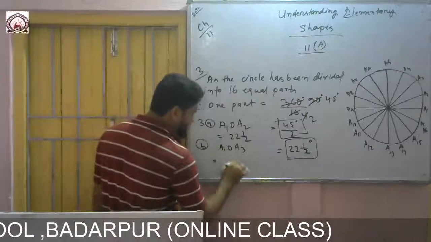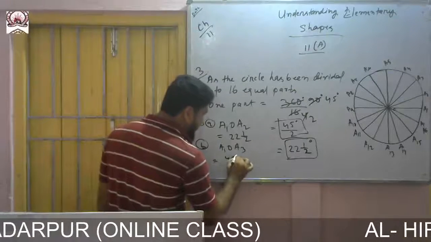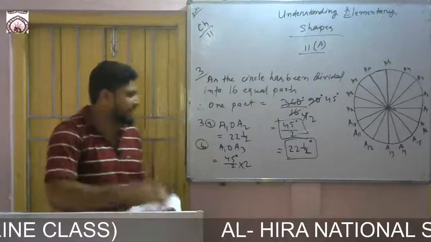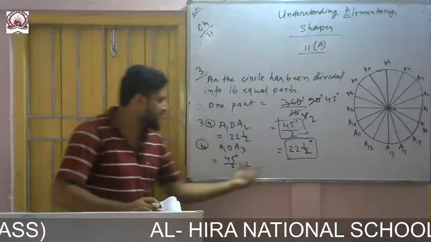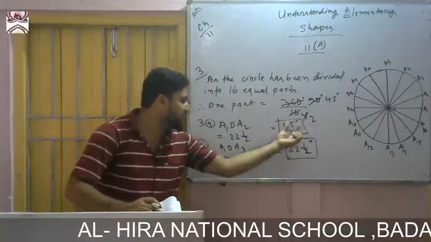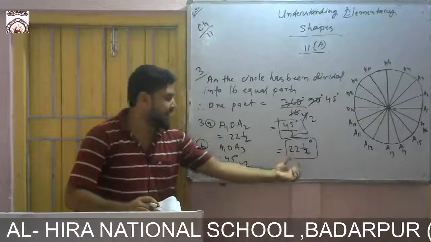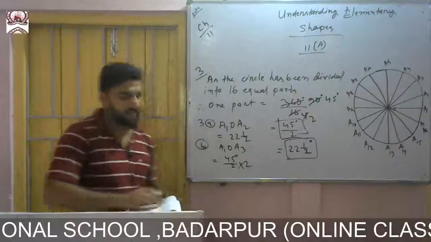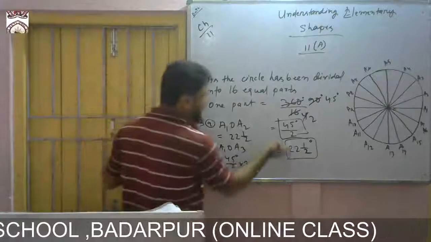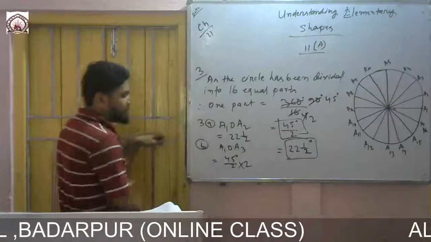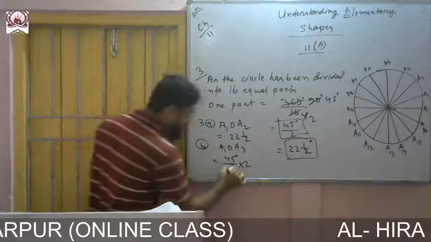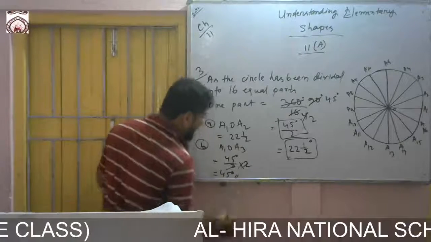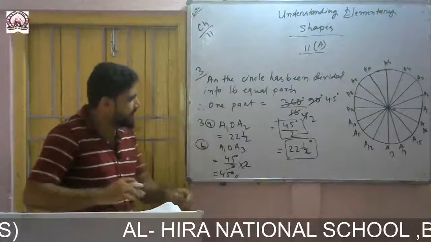It will be 45/2 degrees into 2. I am not taking the mixed fraction because if I multiply with this fraction, then I can cancel these two. So it will be easier to multiply with that fraction. So 2 cancel, remain 45 degrees.